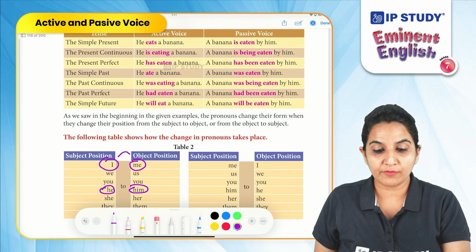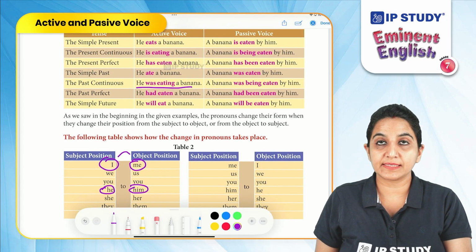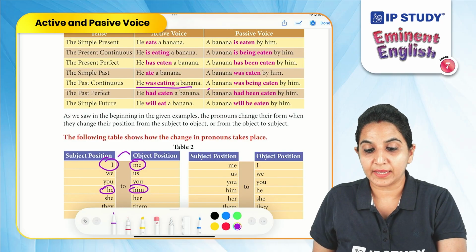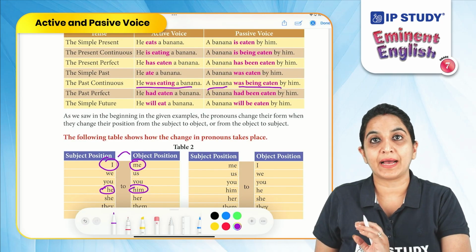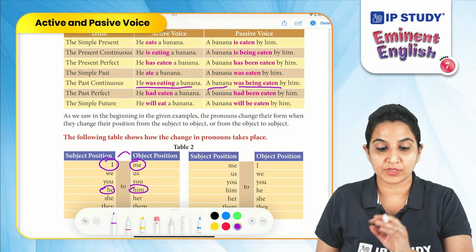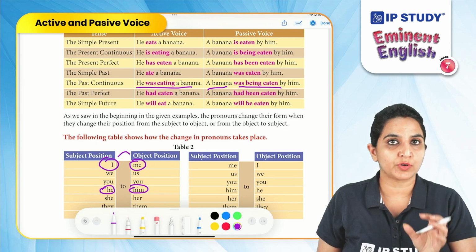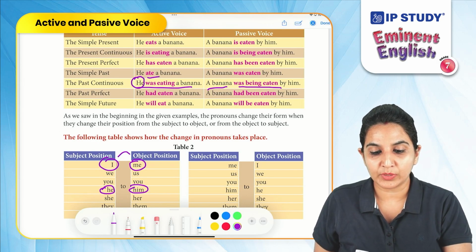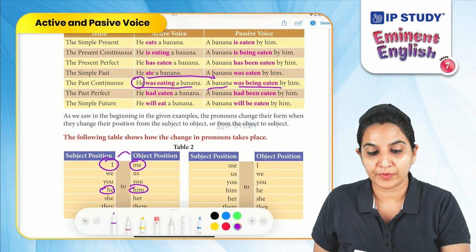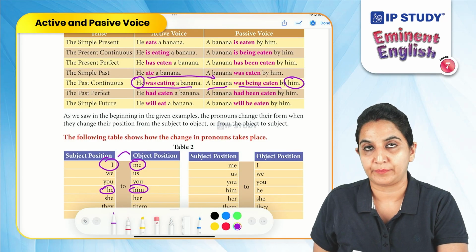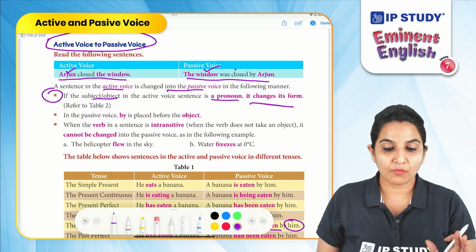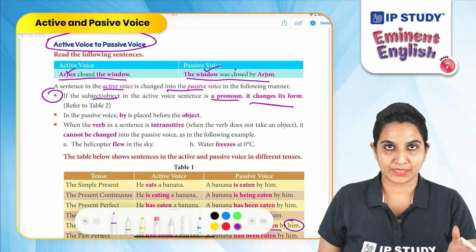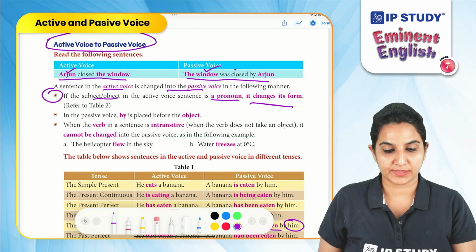Like, he was eating a banana. This is an active voice. A banana was being eaten by him. This is in passive voice. Now, if you observe closely, the pronoun he is changed into him while converting this into the passive voice. So this is one of the manners we can change active voice into a passive voice.